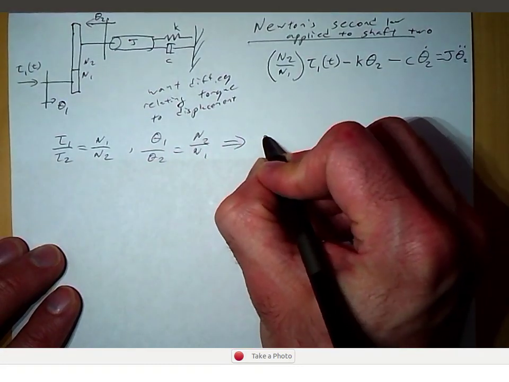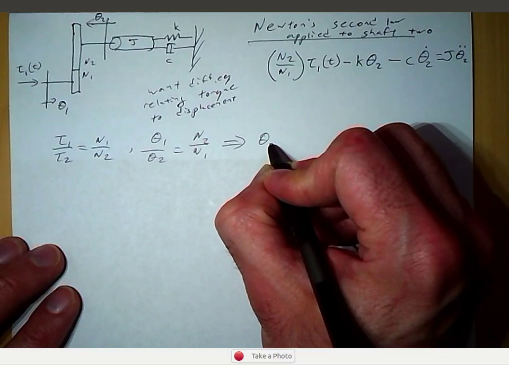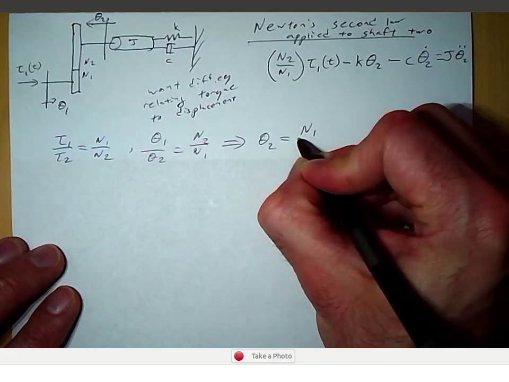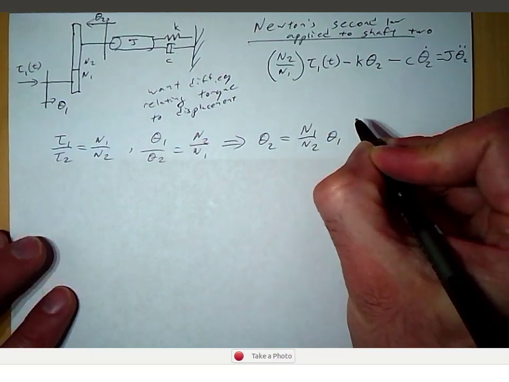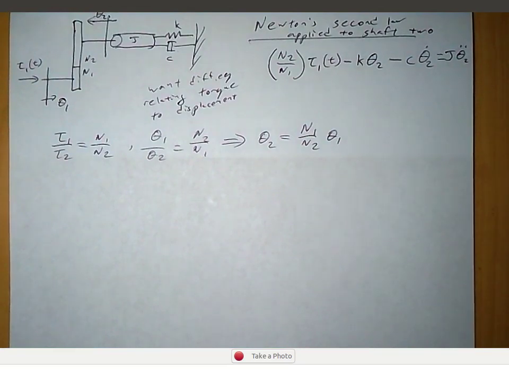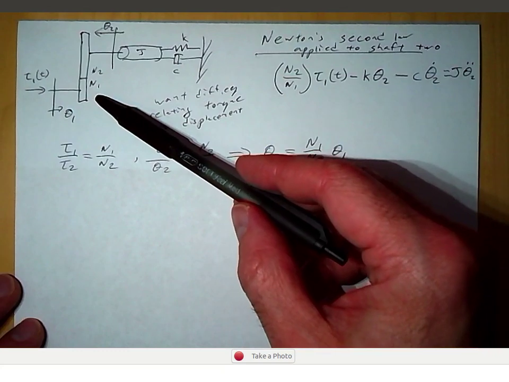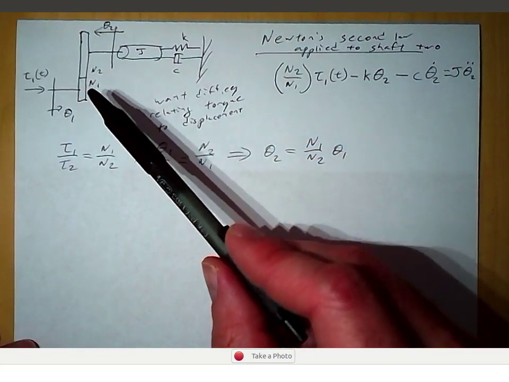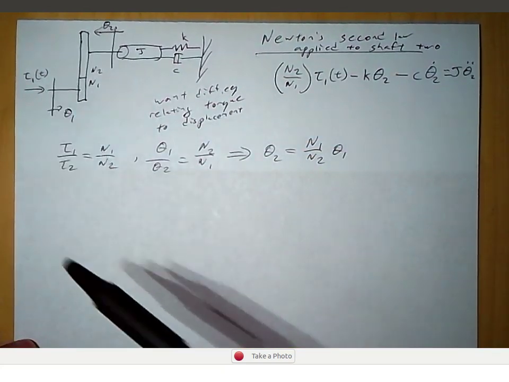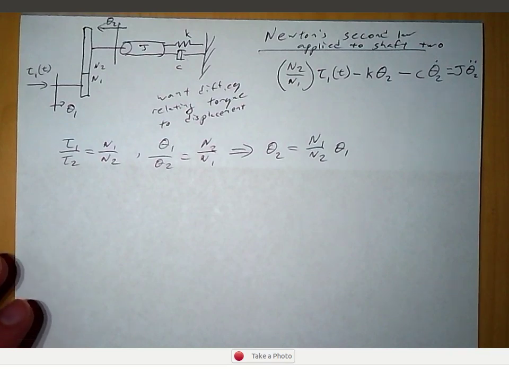So this gives us that theta 2 is N1 over N2 times theta 1. The reason we're going to use that is because we want to find an equivalent system here, where we just have the system as seen by the load on the input shaft.